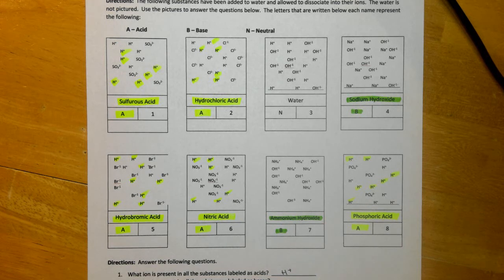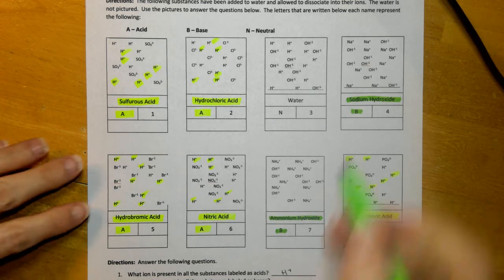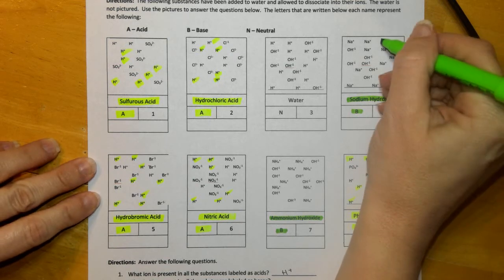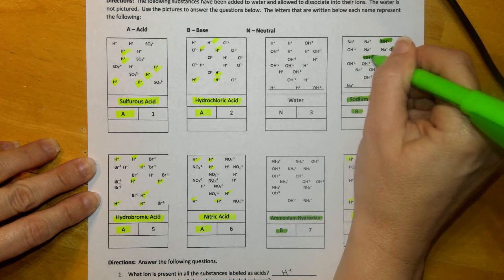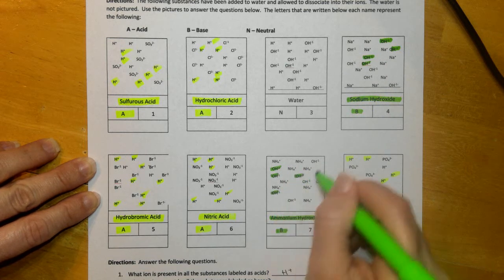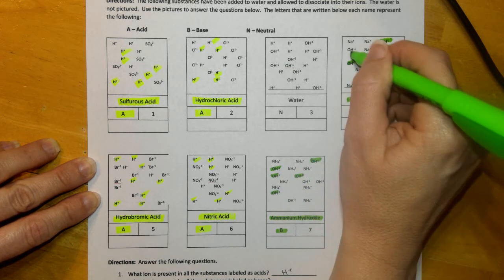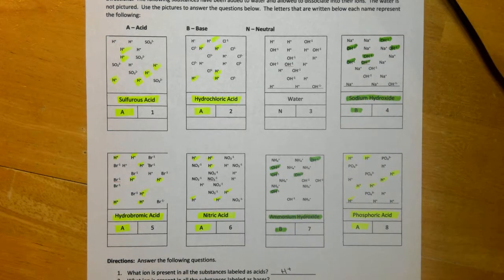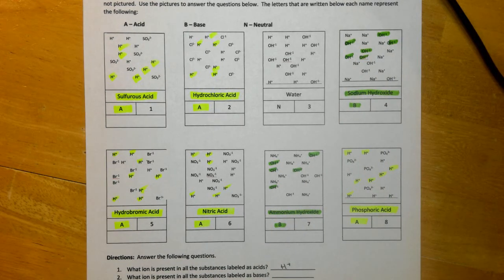When I look at number 2, what ion is present in all the substances labeled as a base? So I look at my two base pictures, number 4 and 7, and the bases both have these OH ions. They have a different cation, a different positive ion, but they do have those negative OH hydroxide ions.